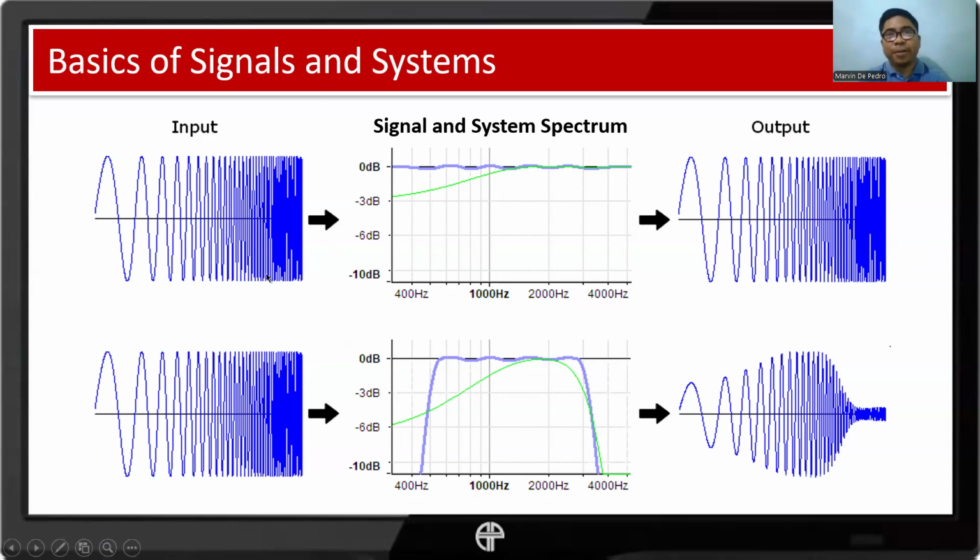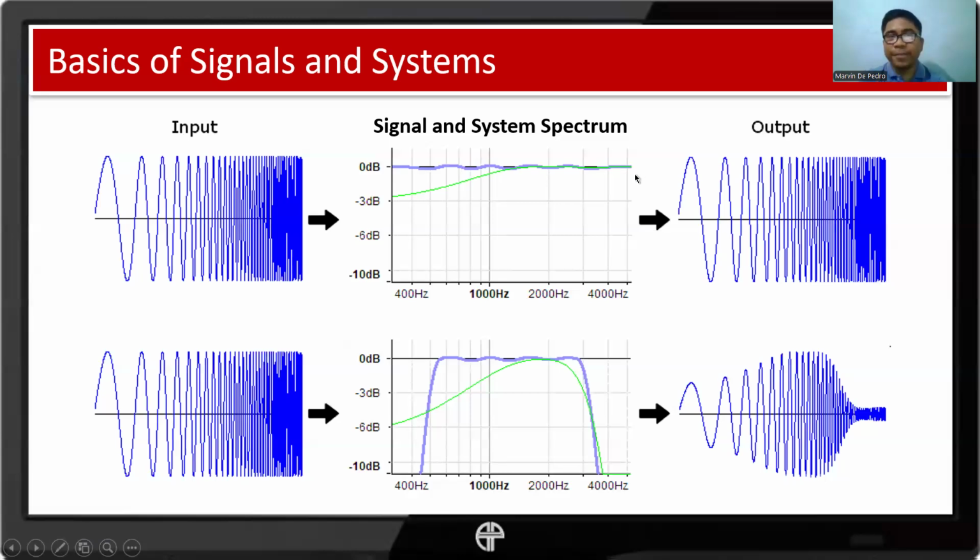For example, you have this input, and the color blue here is your system spectrum. As you can see, our input has a corresponding signal spectrum, which is the color green. It goes from here to here.